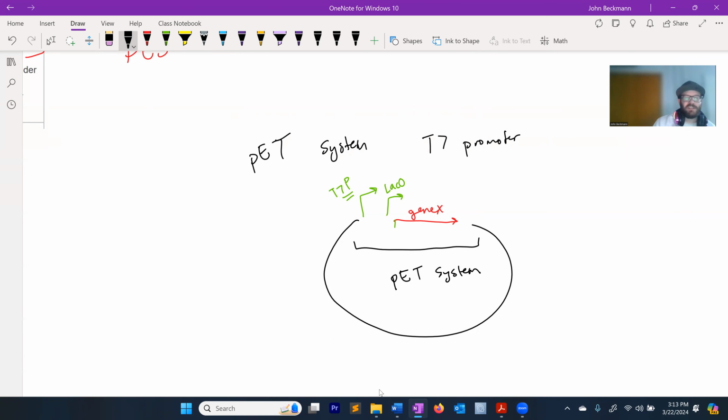The pET system is uniquely compatible with these DE3 lines, which require an insertion of the T7 RNA polymerase. So in strains of E. coli that are compatible with pET plasmids, the genome has somewhere an insertion of the T7 RNA polymerase gene.